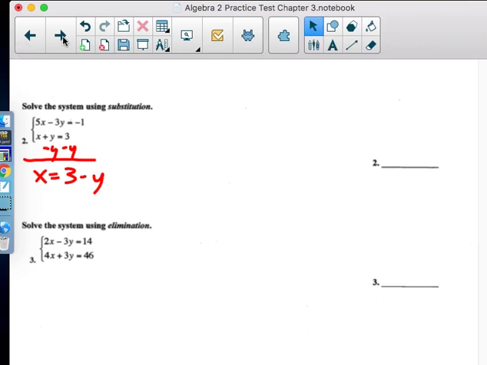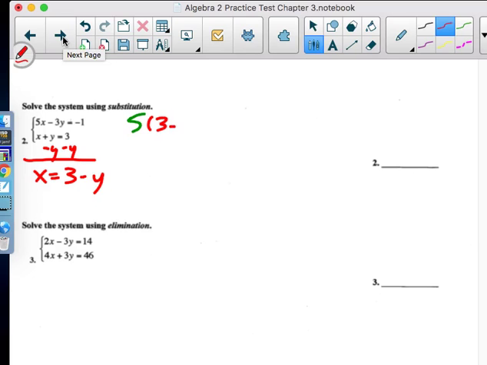So we'll have 5 times 3 minus y minus 3y equals -1. And we notice, hey, we just have y's left. We're going to be able to figure out what y is.